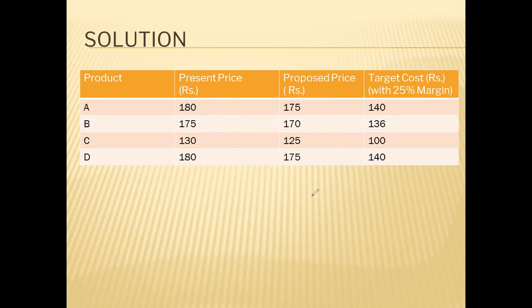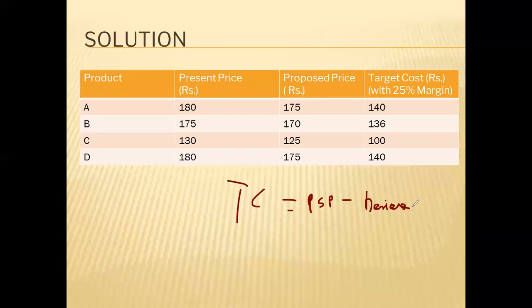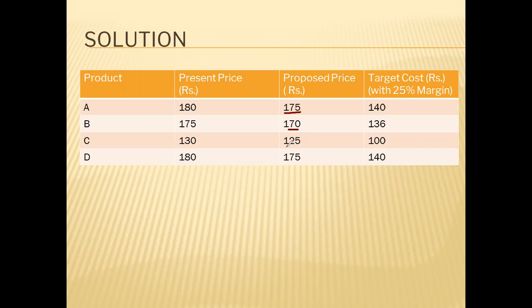So what will be the target cost? Anybody can tell me what the target cost will be? Proposed selling price, that is the target selling price, minus the desired profit margin. What will be the desired profit margin percentage? 25% or some other percentage? We have calculated the desired selling price for each product: 175, 170, 125, 170.